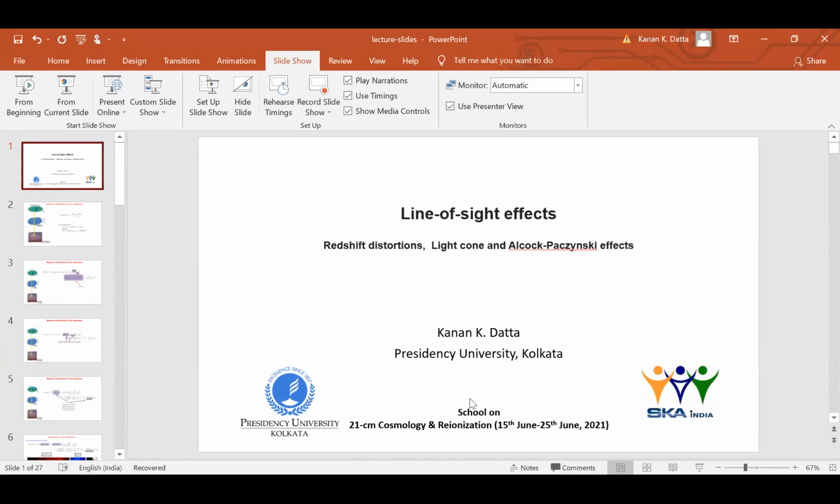Okay, so I have been asked to discuss the line of sight effects on the 21 centimeter signal from the epoch of reionization and cosmic dawn.